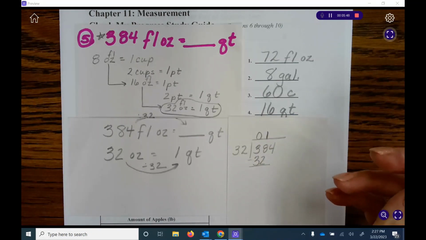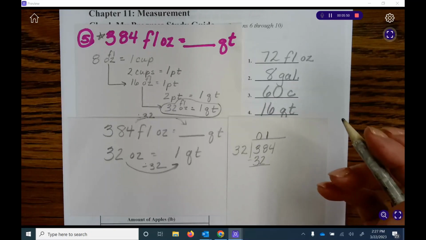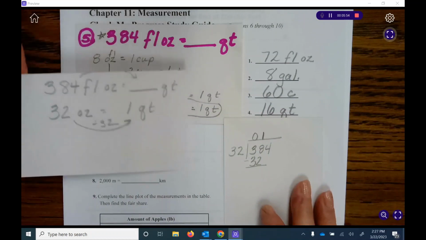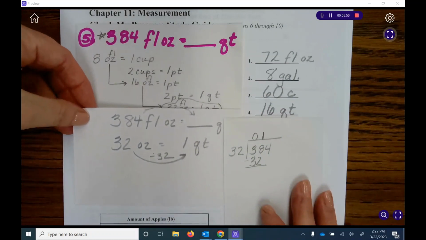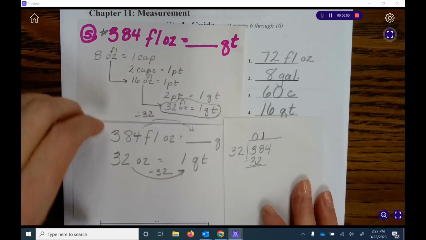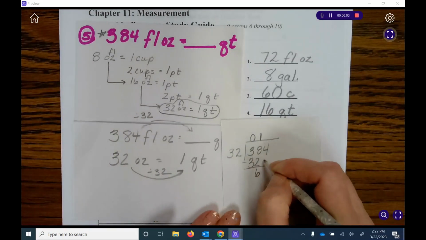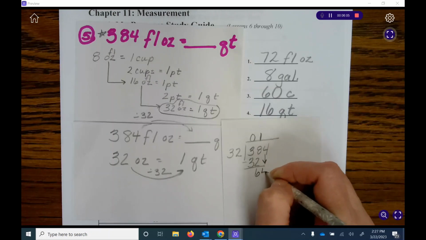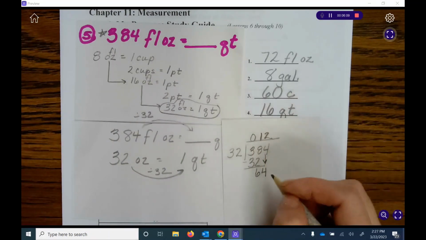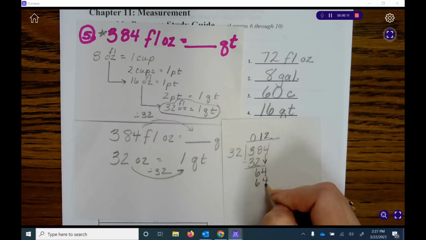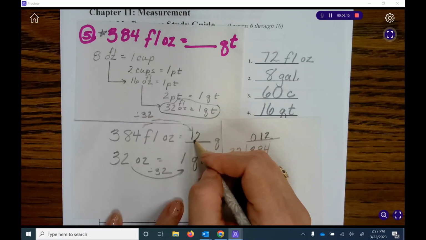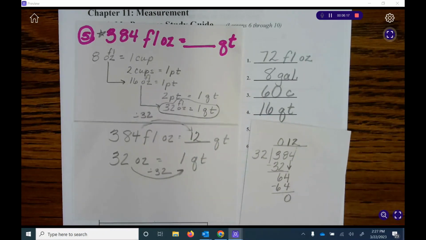Oops, I think I wrote this wrong. Let me just see if I wrote this wrong. Hold on real quick. Yep, 384. Okay. So that's 6. Bring that down. That's a 4. And then 2. And that's 64. 0. So that's 12. So we have 12 quarts.